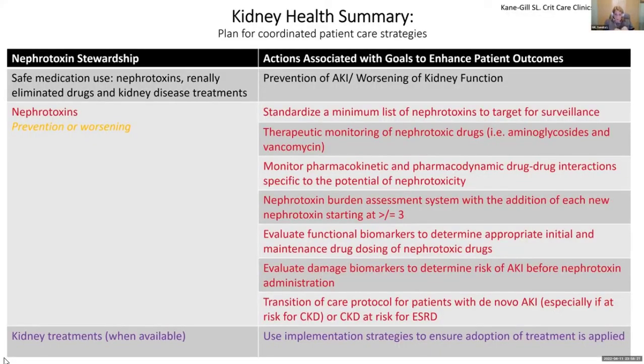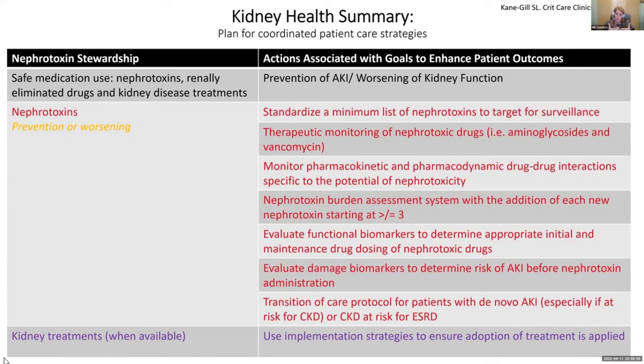So with regards to the kidney health summary, how do you manage these patients? We've talked about this idea of nephrotoxin stewardship. It would require standardizing a list of nephrotoxin drugs to target for hypersurveillance at your institution. Why would I say that? Because if I ask you, you line up somebody else, ask them, and another person, we would not all agree on which drugs are nephrotoxic, so to speak.